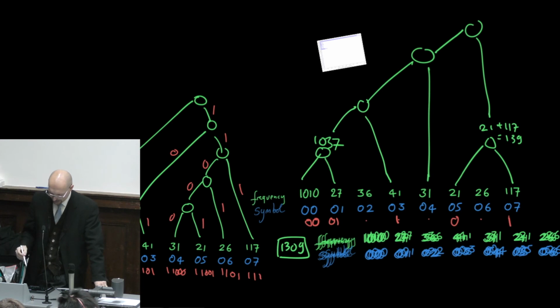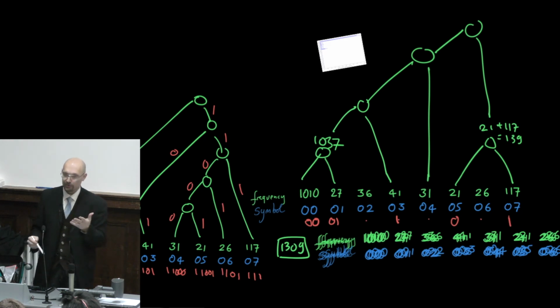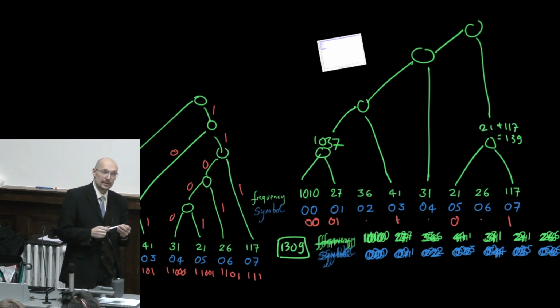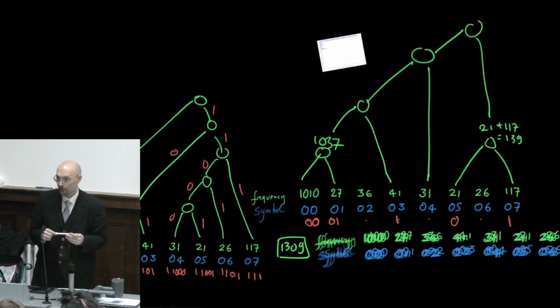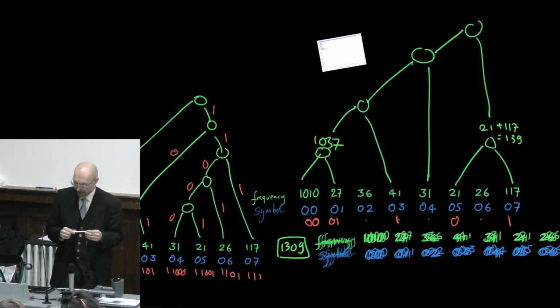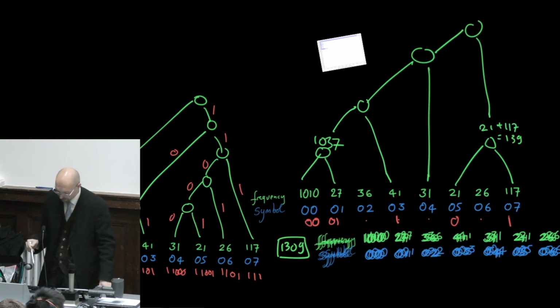So at this point, I can say the cost of each decision is the number that I have in here, which is the sum of the frequencies of the things I'm merging. And so the greedy choice would be always to take the merge that has the lowest cost. That's the greedy choice that Huffman takes, and that's how I build a Huffman code. I build a Huffman code by always merging the 2 lowest frequency emerging things.